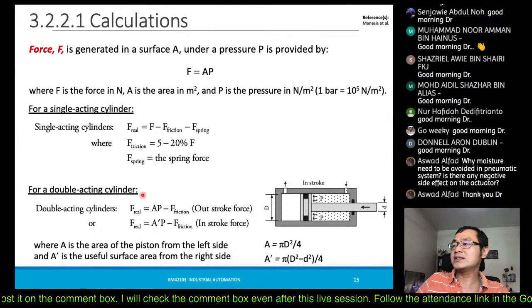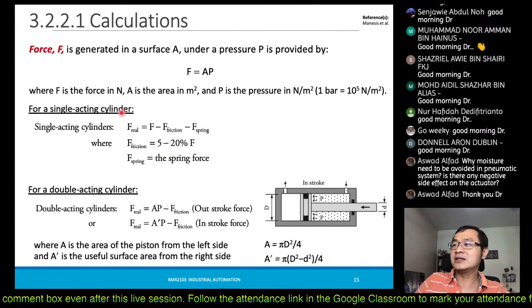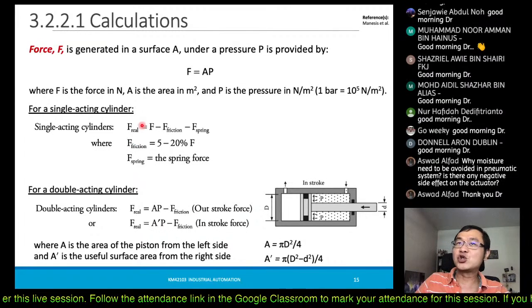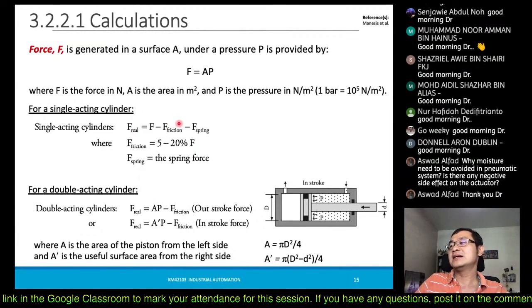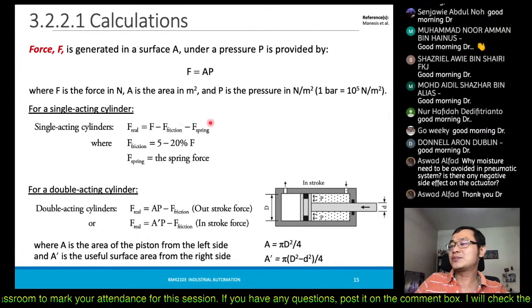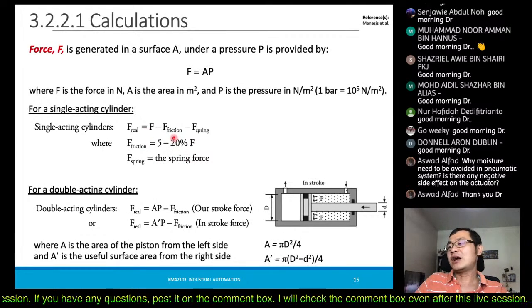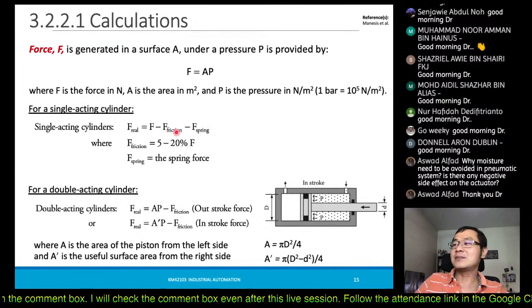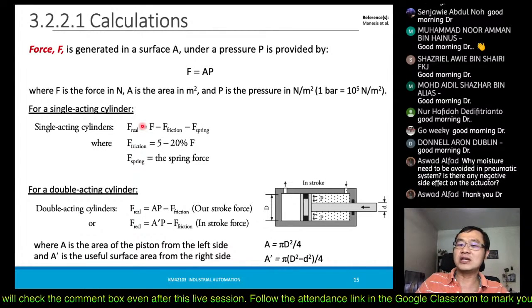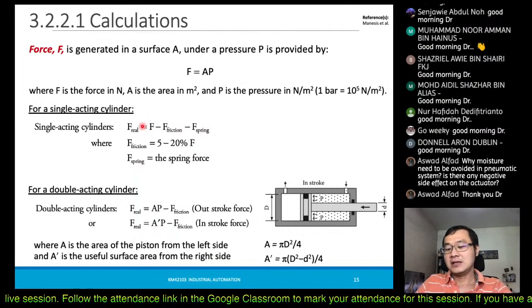So you can always check all these things. And for sure, for the actual force being exerted, we also have to subtract the friction and the spring if there is one. That roughly takes into account 5 to 20%. So you can estimate roughly the force that we can produce by using that particular piston.